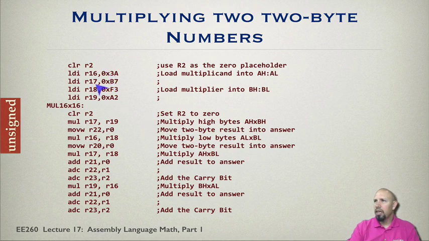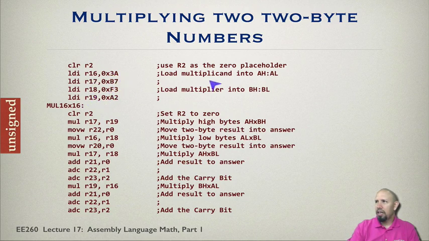Here I'm loading registers 16, 17, 18, 19 with, so these two are one set of numbers, these two are another set of numbers. Okay, and I'm going to use register 2 as the 0 placeholder. So this is a high byte, that's the multiplicand.